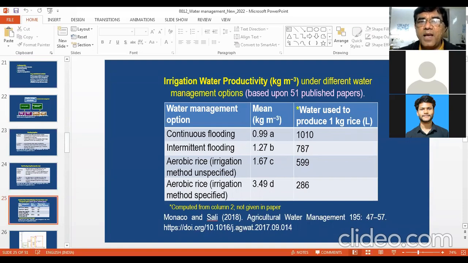It is just 0.99 kg grain by applying 1000 liters of water, because 1 cubic meter of water is 1000 liters. So in continuous flooding, you are applying large quantities of water but getting less grain. Then with intermittent flooding, you are getting 1.27 kg grain by applying 1000 liters of water.